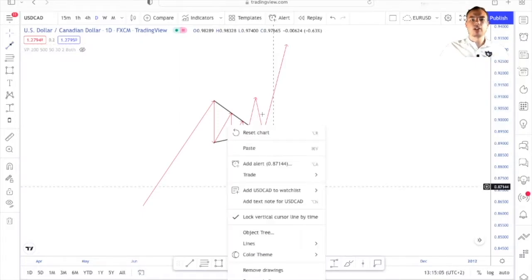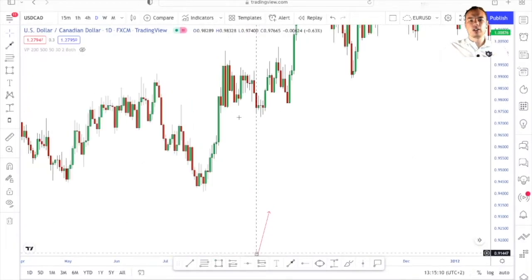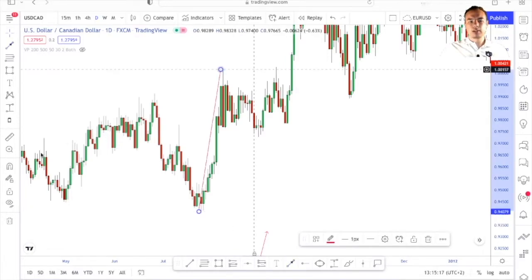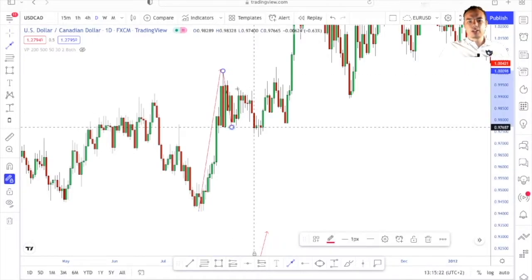So let's have a look at an example on the chart. So as you can see here, a casual big move to the upside, and then we have a move to the downside, like that, and like that.